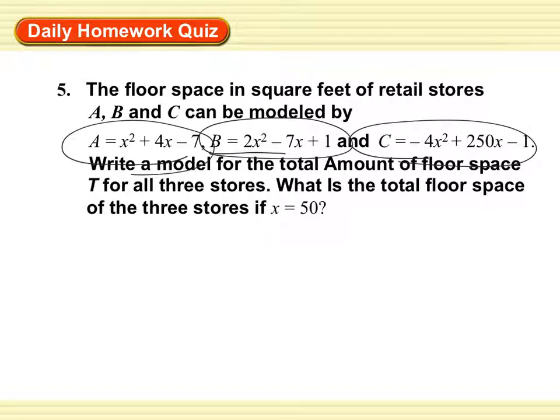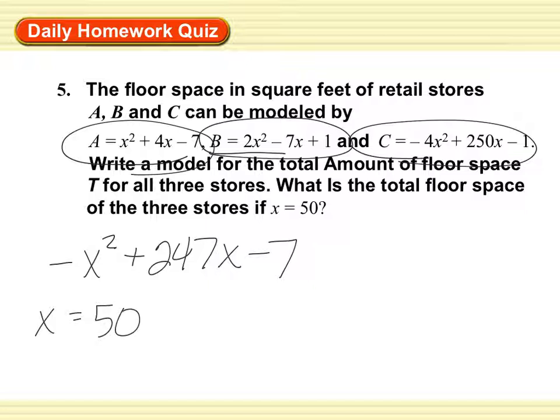Okay, total area, adding them together. Negative x squared plus 247x minus 7. And if I plug x equals 50, my answer is 9,843 feet squared, its area. That's it.